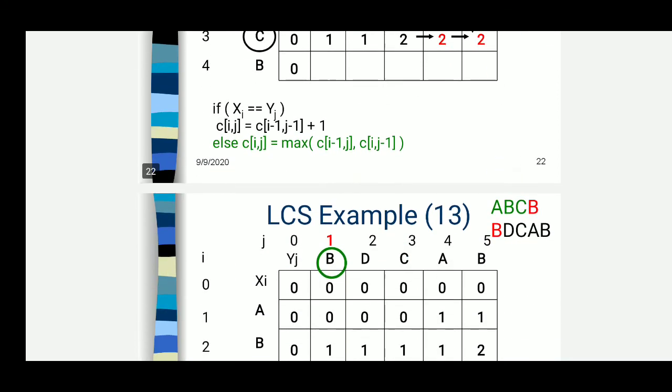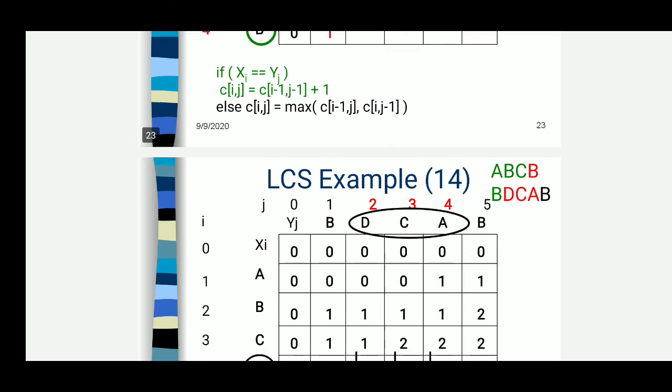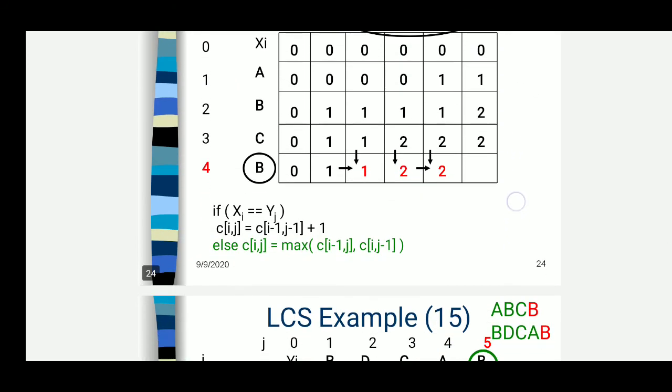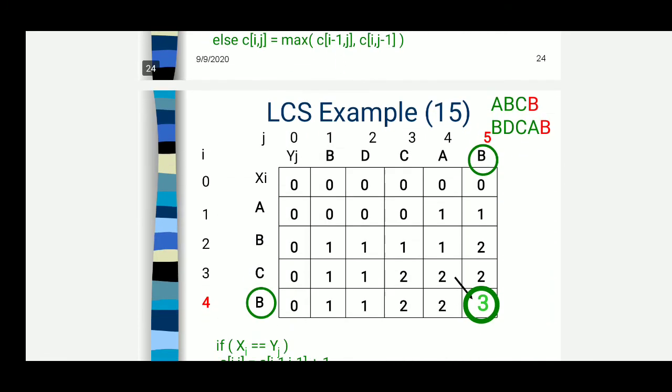So the last cell of the cost matrix will give you the total length of the LCS, the longest common subsequence.